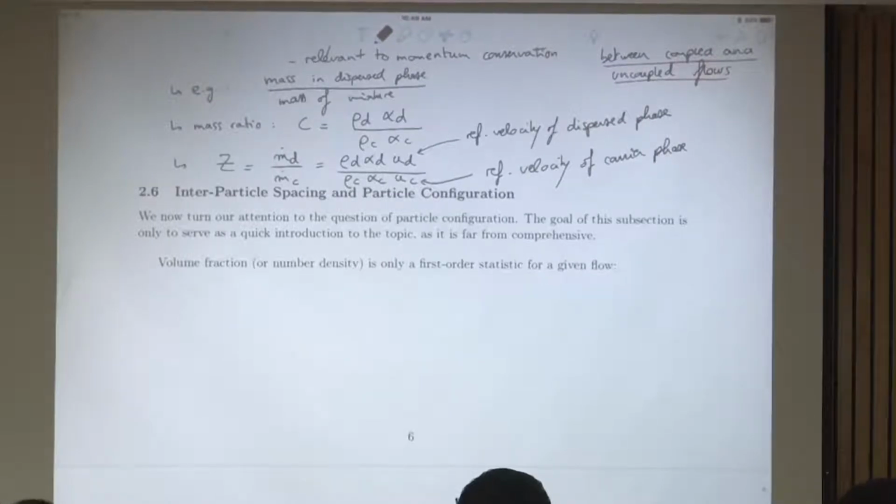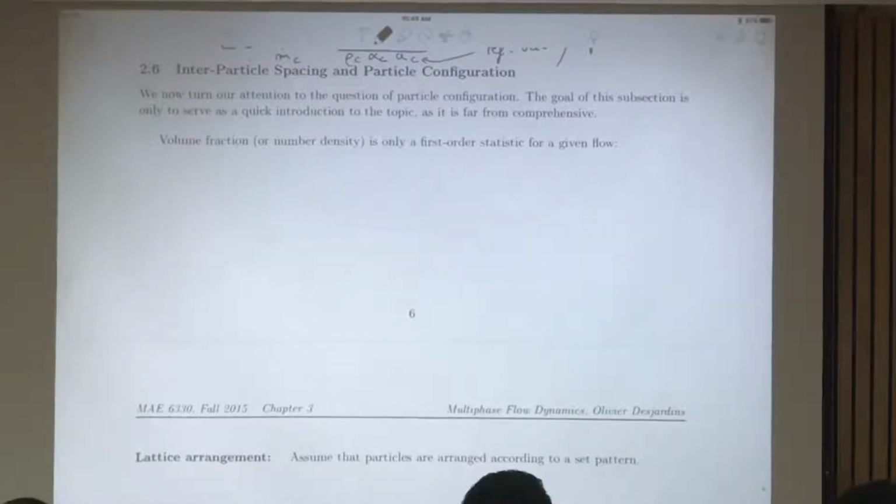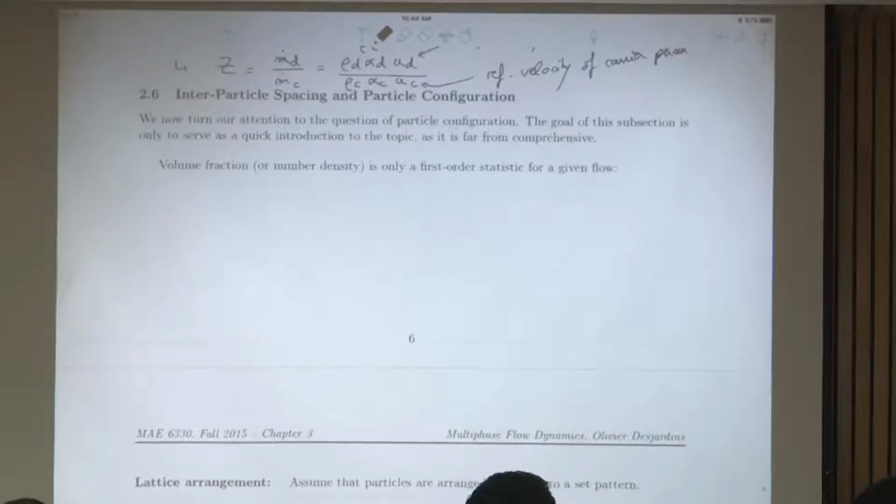We've talked about this characterization of the volume fraction or the number density, but there's an infinite number of ways that you can arrange particles that will lead you to the same local volume fraction. And that can be very important. And the importance of that, in fact, will show up in a number of situations.